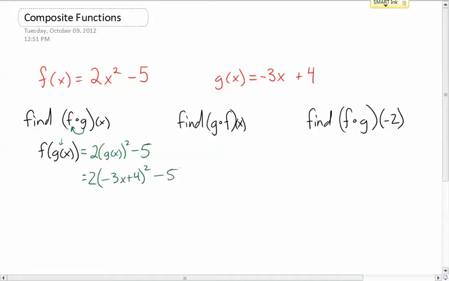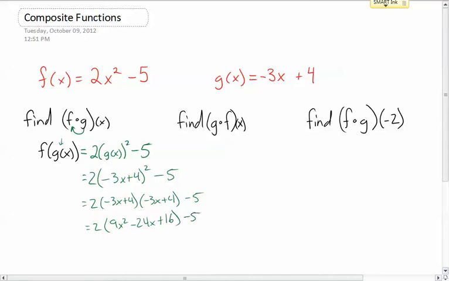Now at this point, you can go ahead and simplify. Negative 3x plus 4 squared means that I'm going to need to take the negative 3x plus 4 and multiply it by itself, and then minus 5. In the end, I'm going to have 2 times 9x squared, a minus 12x and another minus 12x, so minus 24x, plus 16.